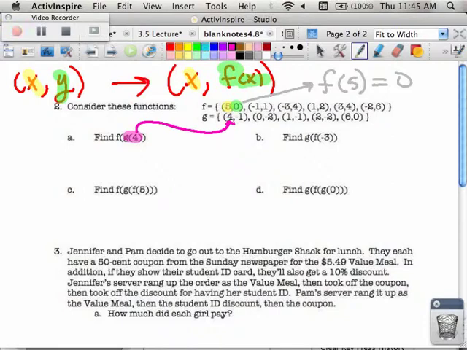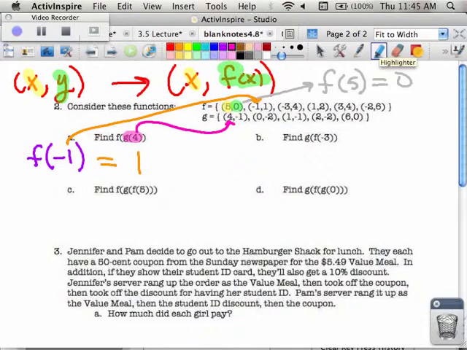So what is G of 4? Negative 1. So now what I'm saying is I really want F of negative 1. Now I go look in the F list for negative 1. Oh, there it is. So F of negative 1 is 1.